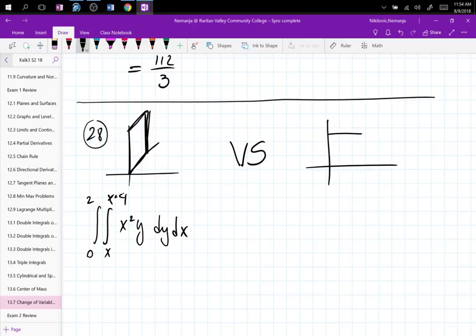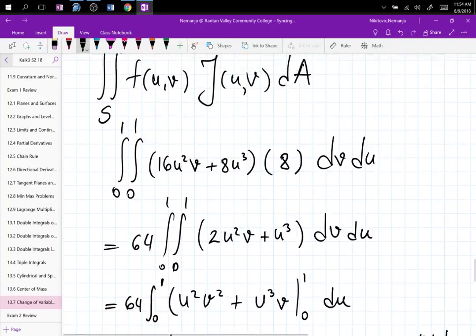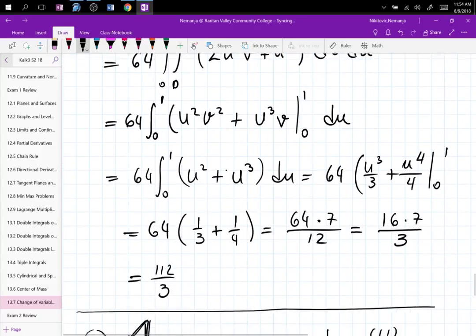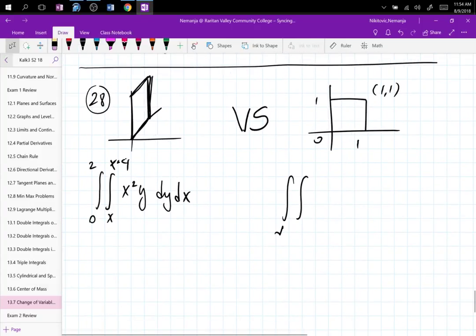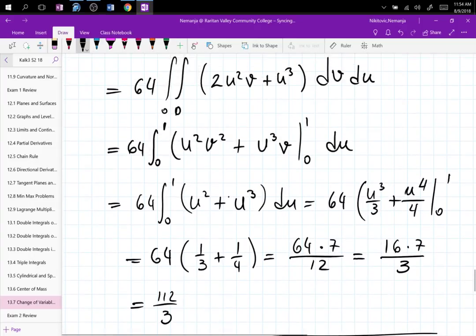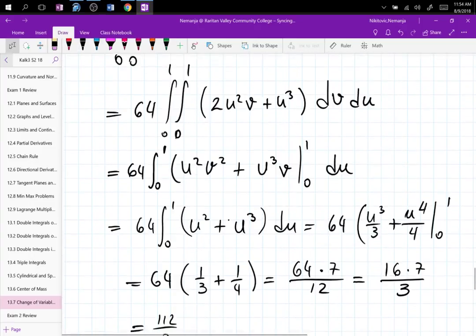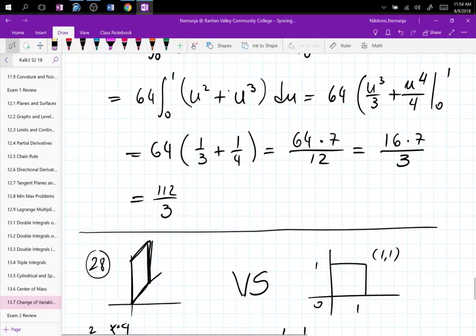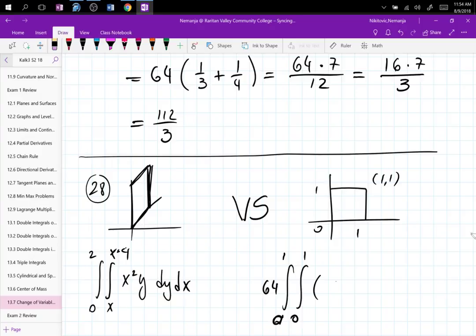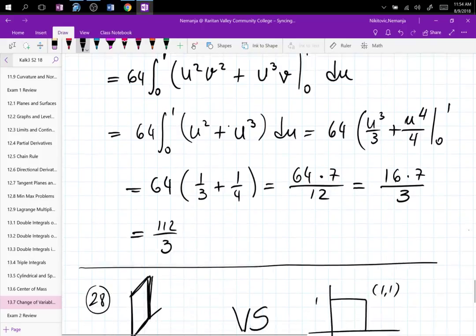And the next one is the square 0, 1, 0, 1, which is the integral of 64, so 0 to 1, 0 to 1, 64 in front, and over here we have some combination of u and v: 2u squared v plus u cubed.